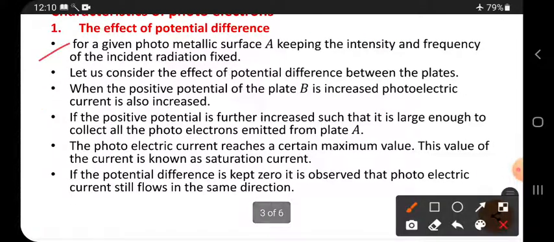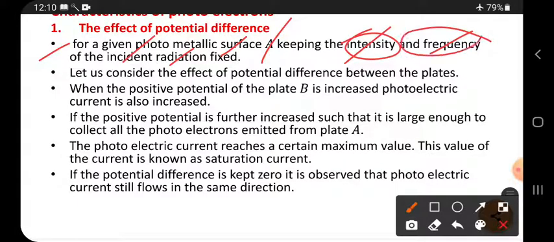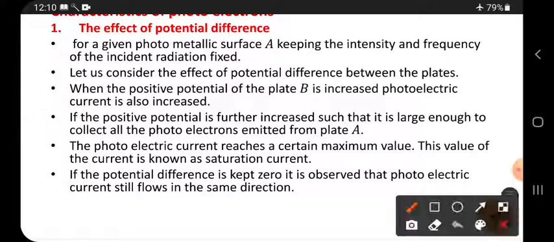For a given photosensitive surface A, keeping the intensity and the frequency of the incident radiation fixed, we should not change intensity and frequency of the incident light. Keep them constant.